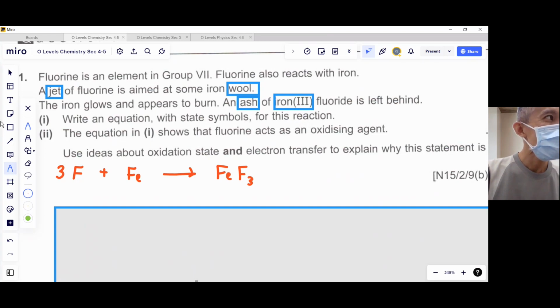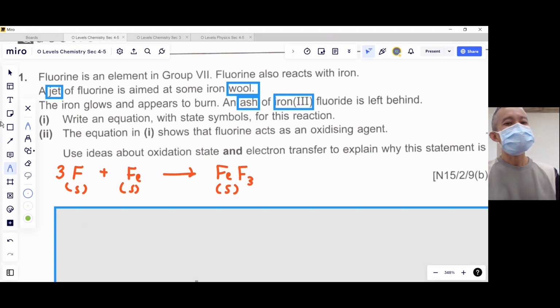Okay, state. Come, guys, look at the clues. Iron, what state is it? Yeah, of course, solid. Have you seen a liquid iron? No, right? Look at ash. What's the state of ash? Yeah, solid too.